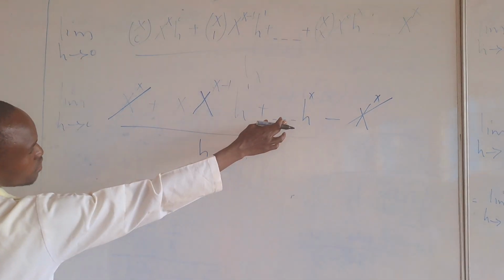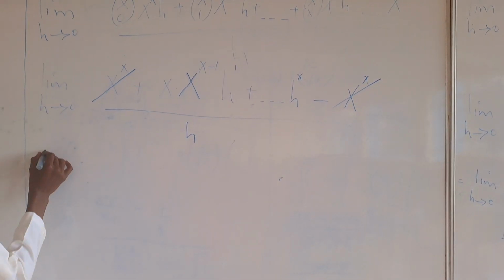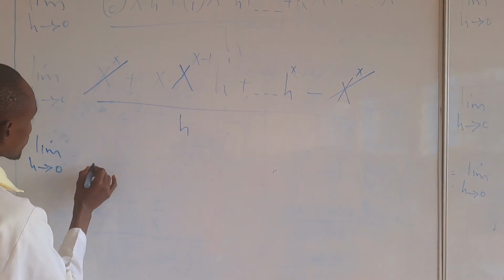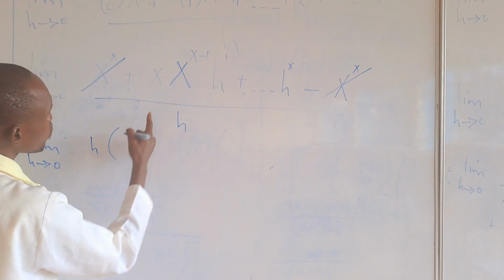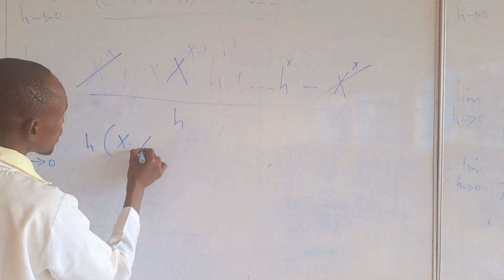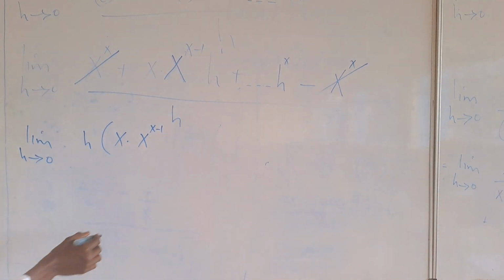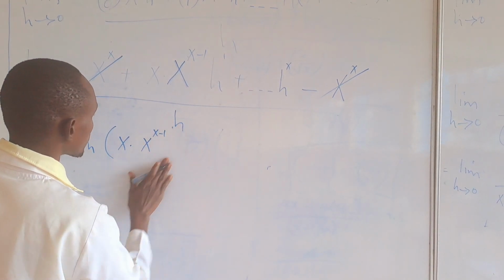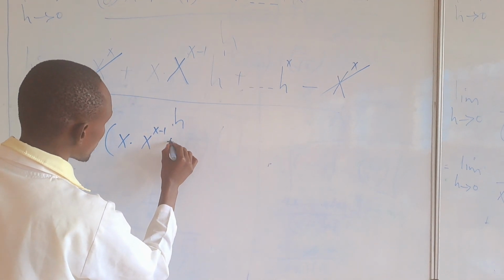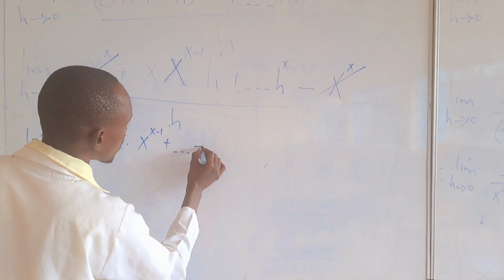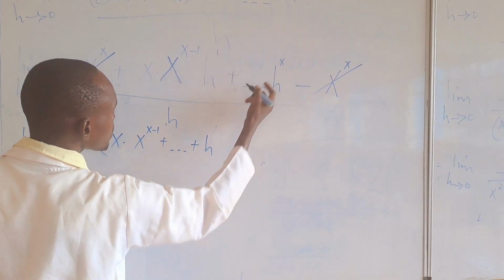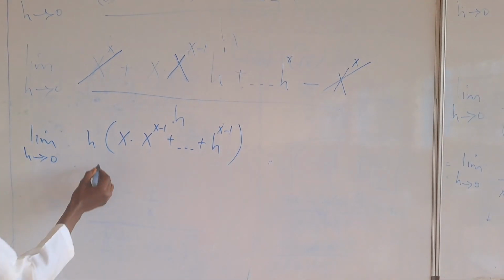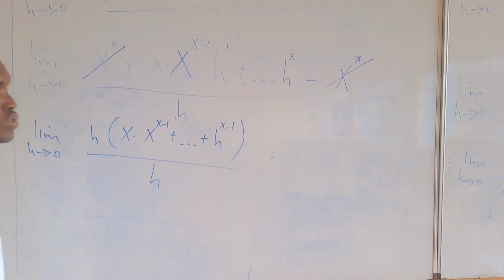So if we factor h from this numerator, we'll have the limit as h tends to 0 of h into x multiplied by x raised to power x minus 1 plus h raised to power x minus 1, everything divided by h.